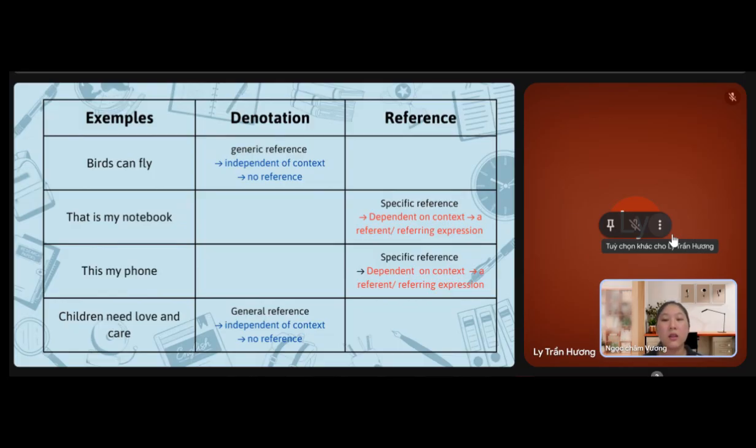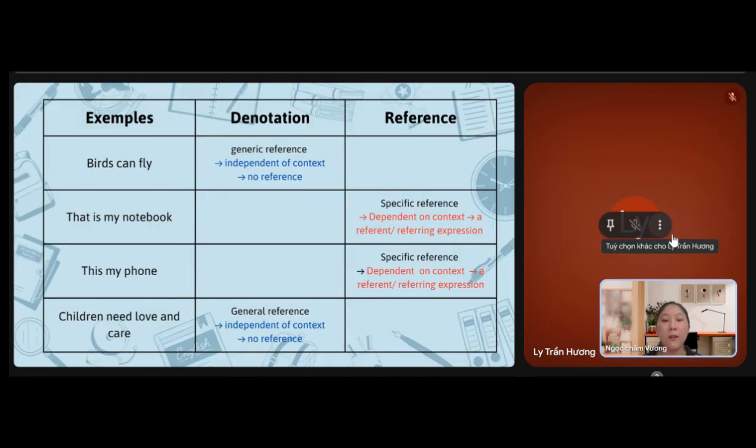In "This is my notebook," this is a specific reference, dependent on context, a referring expression. "This is my phone": this is a specific reference, dependent on context.